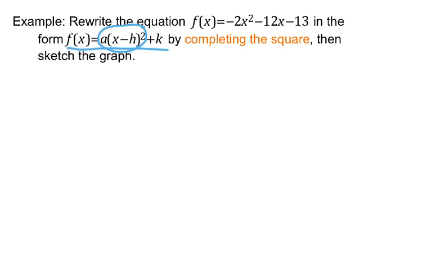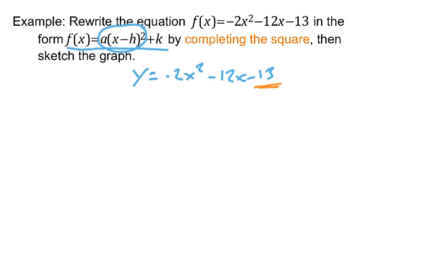First of all, we're going to have a lot easier time of things if instead of writing f of x, we write y. We know that that means the same thing. Let's write y equals negative 2x squared minus 12x minus 13. You might remember when we've completed the square before, it's nice if we can get rid of any constant term that's on one side of the equation.